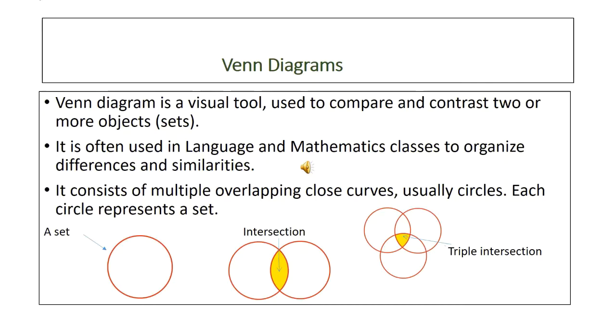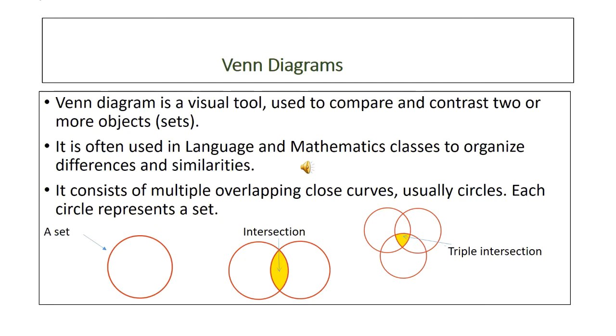It consists of overlapping closed curves, usually circles. Each circle represents a set. These sets are represented by using circles. Now look at these pictures. The first picture shows a set.